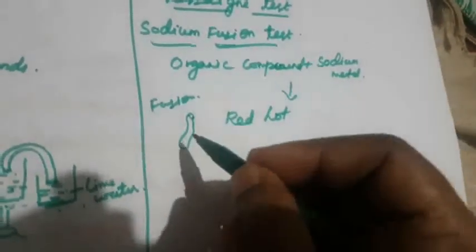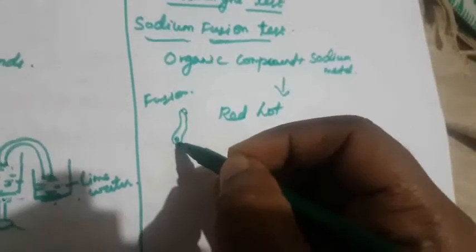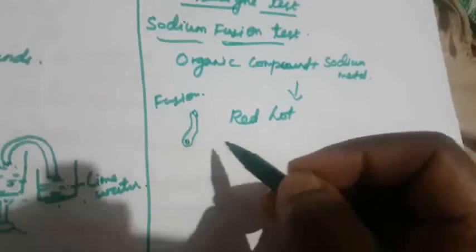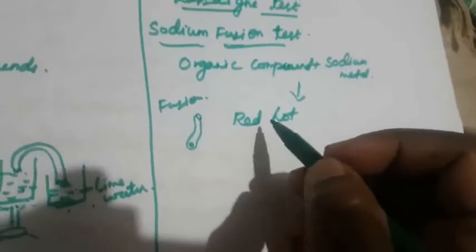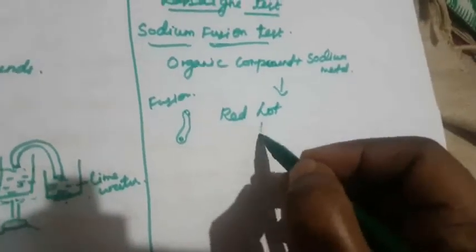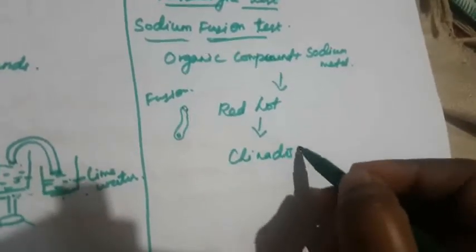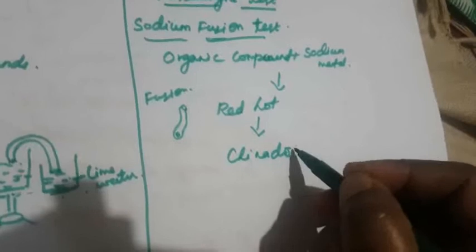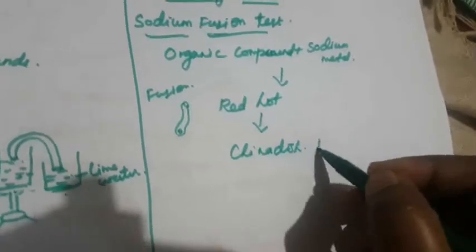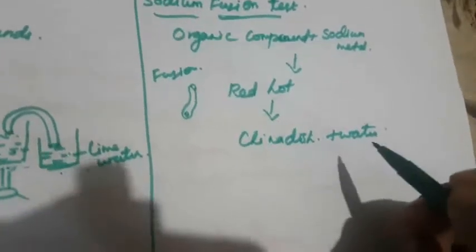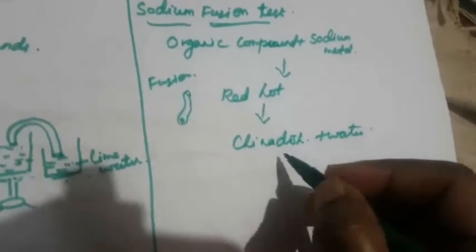A small piece of sodium metal is placed here, and a pinch of organic compound is mixed with it and heated red hot. After that, the tube is broken into a china dish containing water. After that it is heated, then filtered.